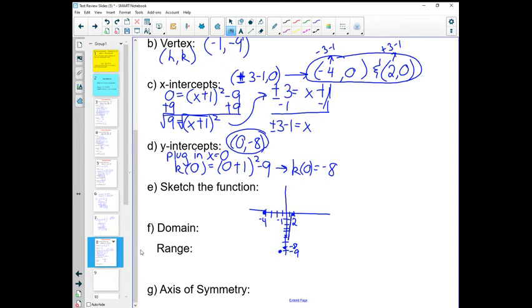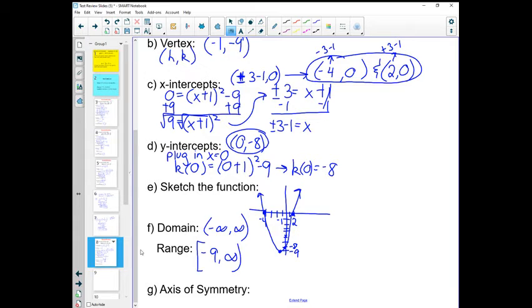Just connect them together to sketch what the parabola is going to look like. And there's our sketch. The domain is -infinity to +infinity because it goes left and right. The lowest y value this graph includes is -9. And then it just increases upwards, so it goes to +infinity from there.